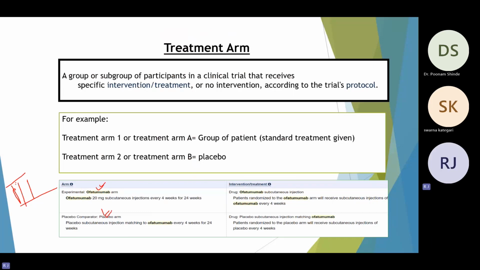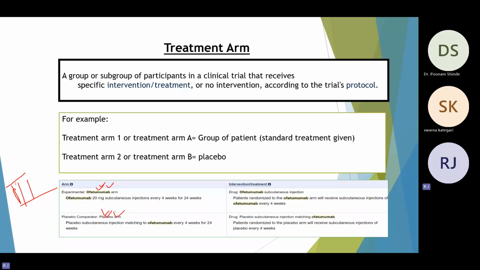So few subjects will be receiving the treatment, and few subjects will be receiving the placebo. I can also say one group has received the placebo and one group has received the treatment. Instead of saying few subjects are receiving the treatment and few are going to receive the placebo, I can say one group in my trial is going to receive the treatment and one group is going to receive the placebo.